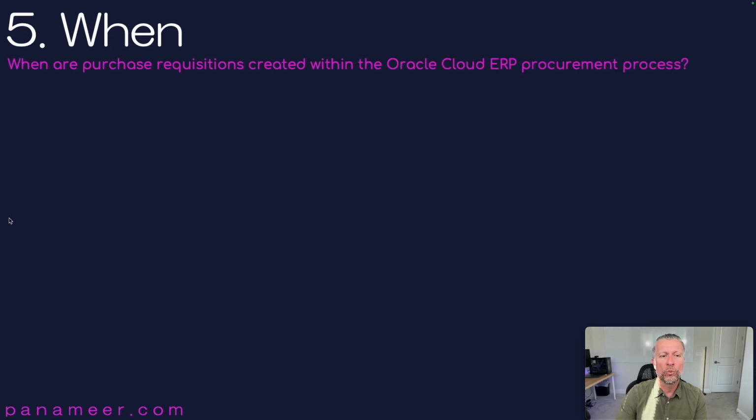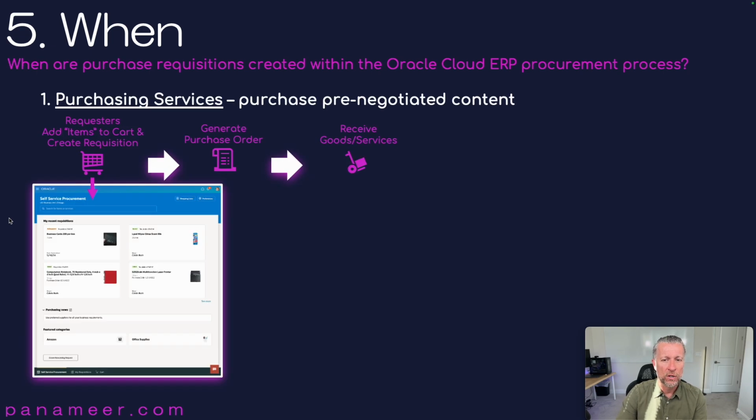Okay, slide 5. When are purchase requisitions created within Oracle Cloud ERP's procurement process? So let's look at that process. So first, in pre-negotiated content, requesters search catalogs for content and create their requisition, submit it for approval, generate a PO automatically, and receive their goods at desk or dock.